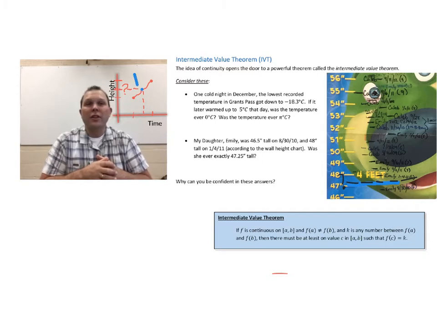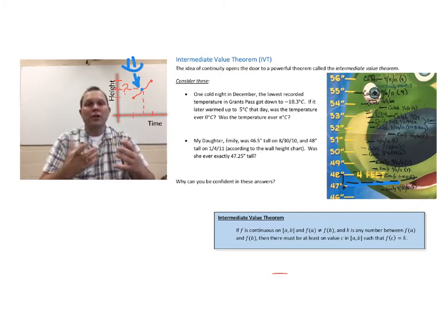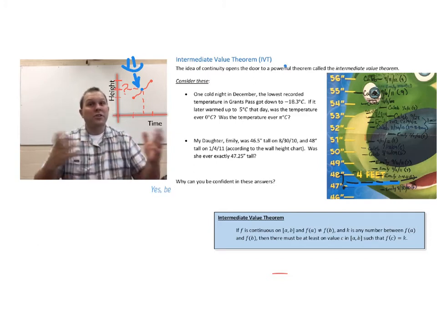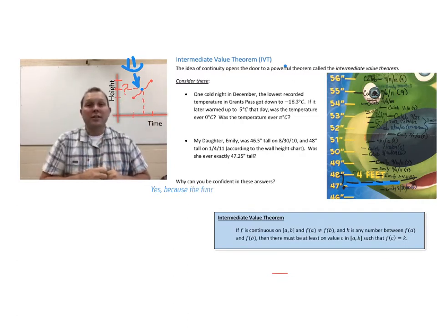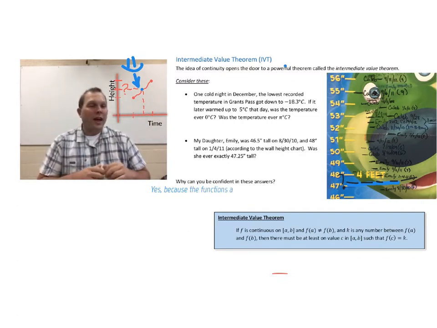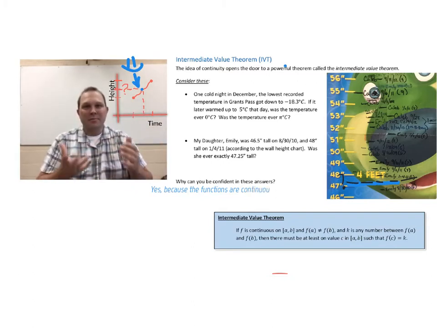So this is what we call the intermediate value theorem. And we can be sure of this because the functions are continuous. If the functions aren't continuous, then maybe it jumped. But since they are continuous, we know that it had to cross every point in between. And that's the intermediate value theorem.